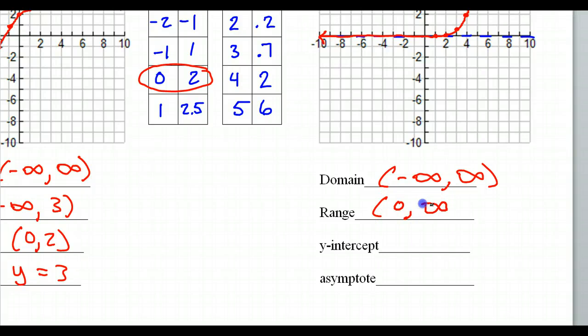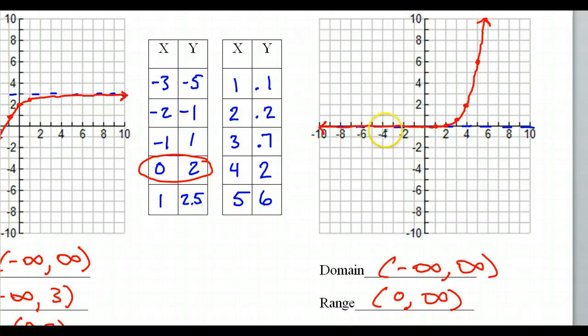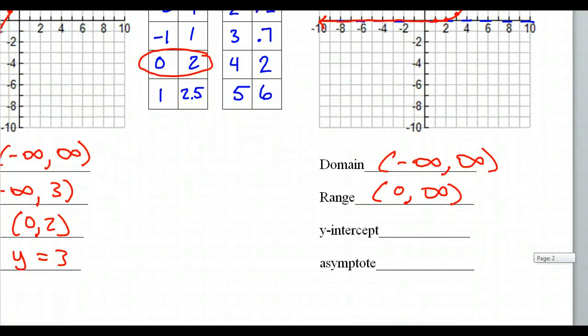Even though the graph doesn't actually reach 0, it just gets closer and closer to it, we can still use 0 as the bottom of the graph as long as we use parentheses instead of a square bracket. Parentheses means everything up to 0 but not including 0.